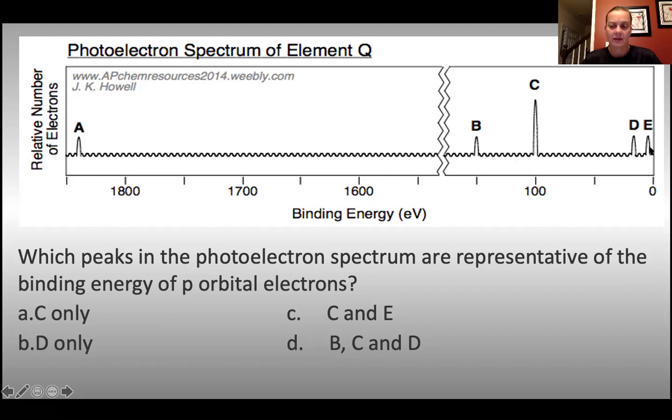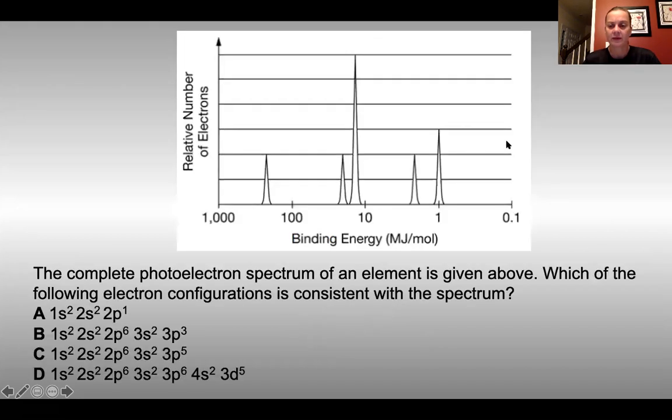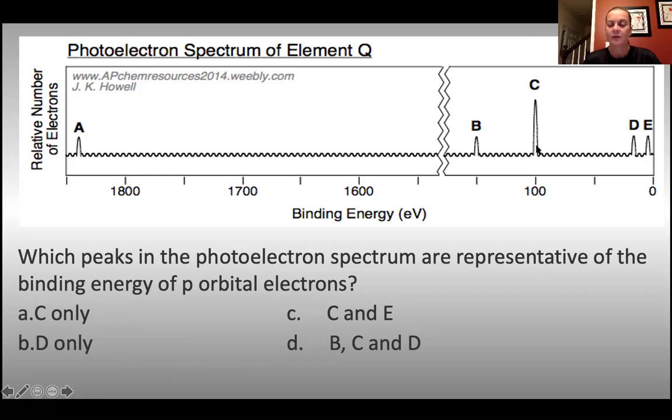And then we have E. Now, it's the same size as A, B, and D, but we know at this point, 1s, 2s, 2p, 3s, this must therefore be a 3p. So which peaks are representative of the binding energy of p orbital electrons? C and E. A, B, and D are s orbitals.